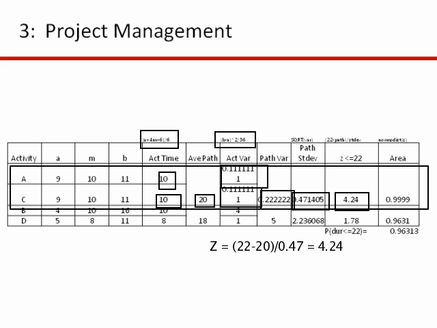Where that 4.24 came from: you're given the 22, and it wants to know the probability that the project will be completed in 22 days or less. So you do the 22 minus the 20, the average path length, divided by the standard deviation of the path, which gives you a Z value of 4.24, which is basically 100% probability. There's a 100% probability that you'll have path AC completed by day 22.